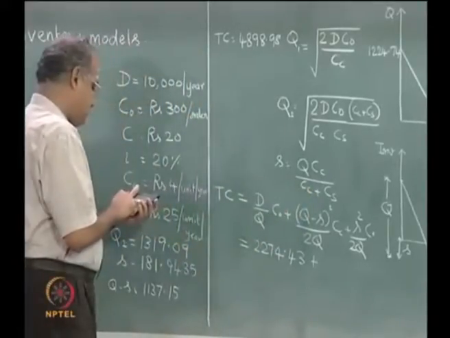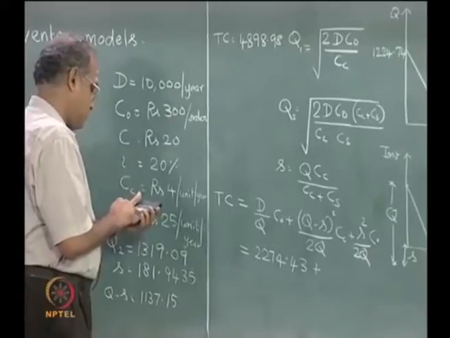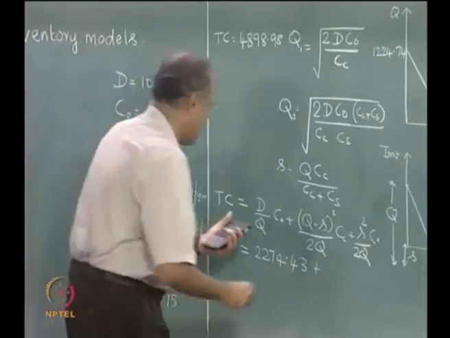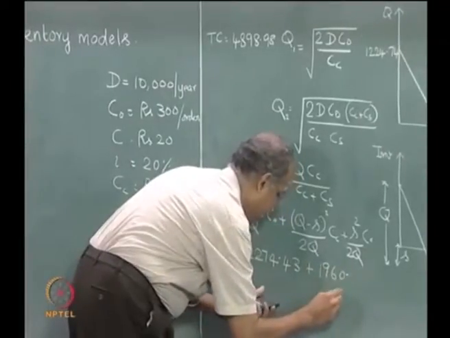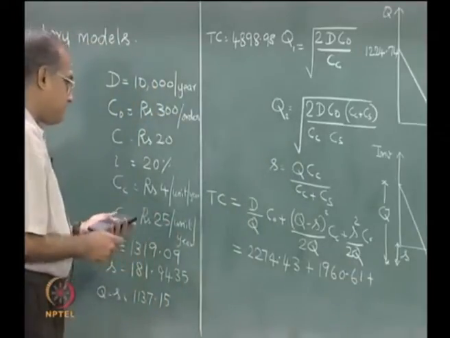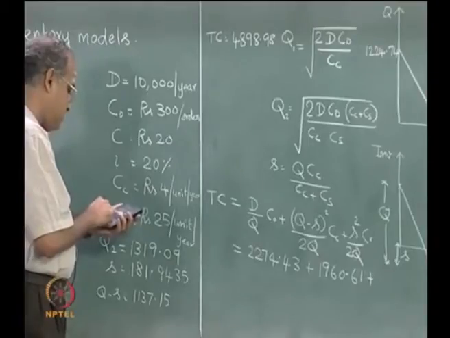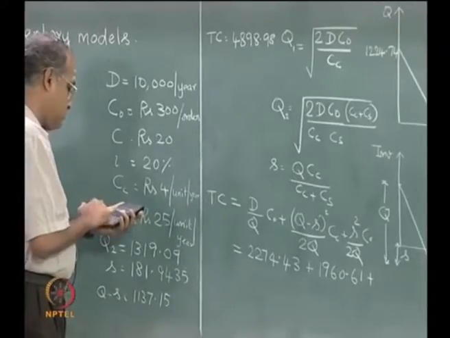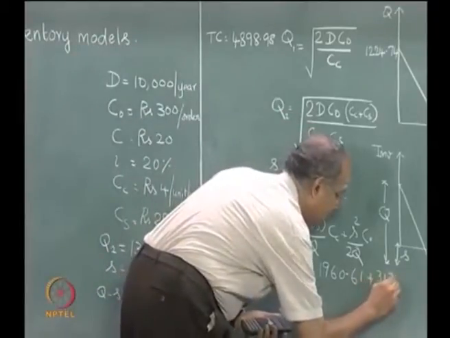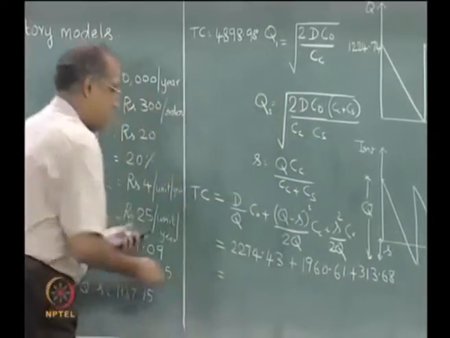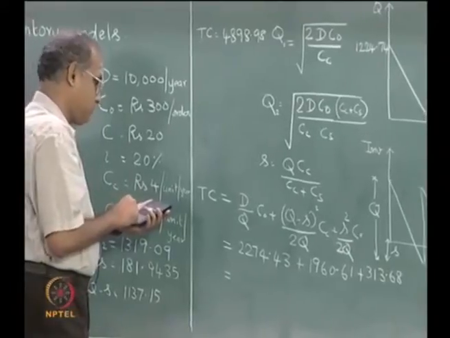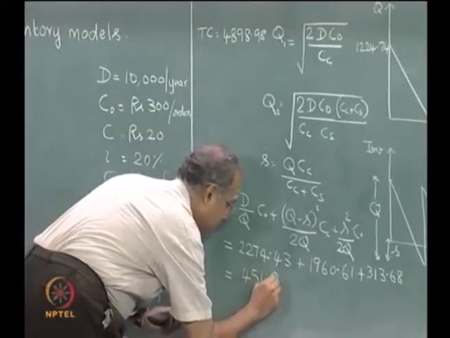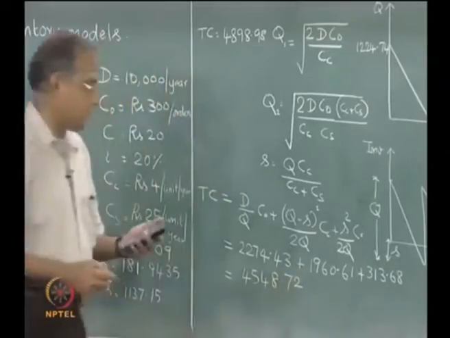So, this quantity will become 1960.61 plus 313.68 and the total is 72.